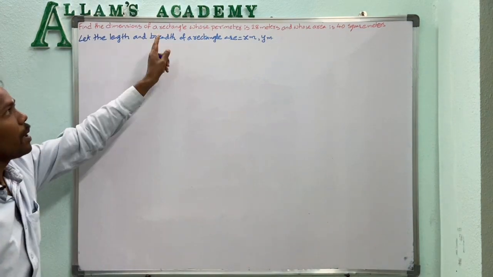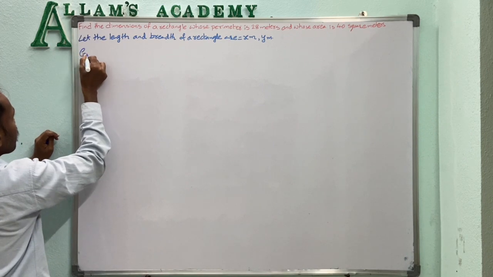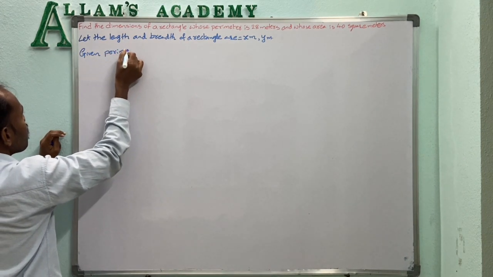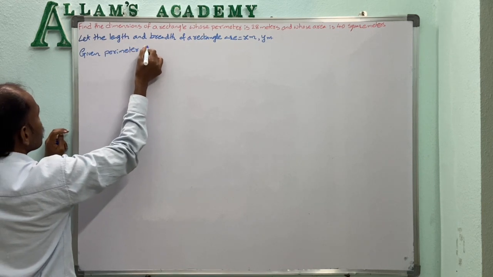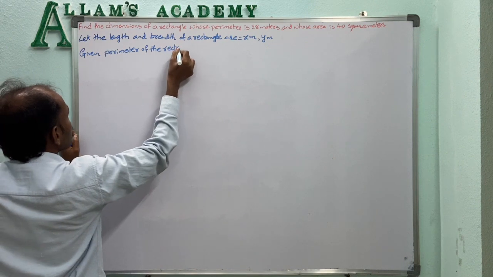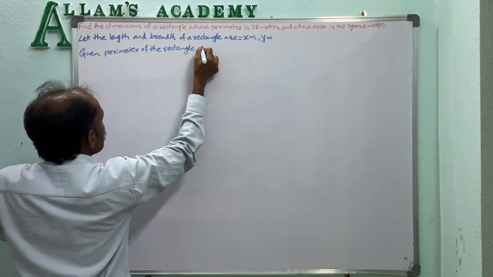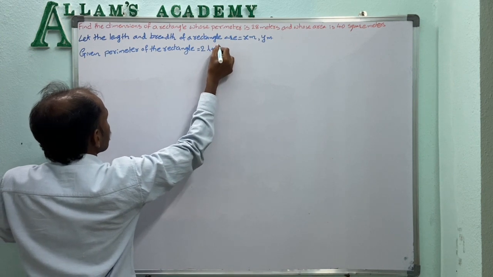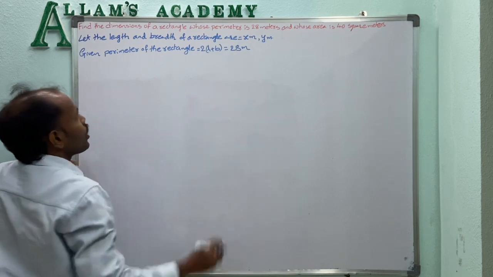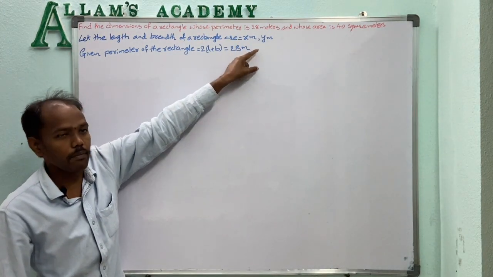Then the given perimeter of the rectangle is nothing but 2 into (L plus B), that is 28 meters. Now length is x and breadth is y.